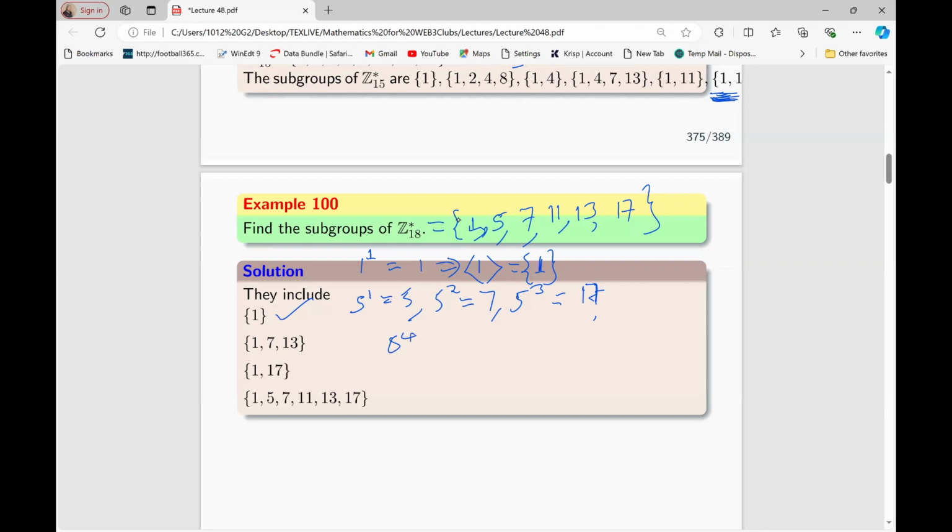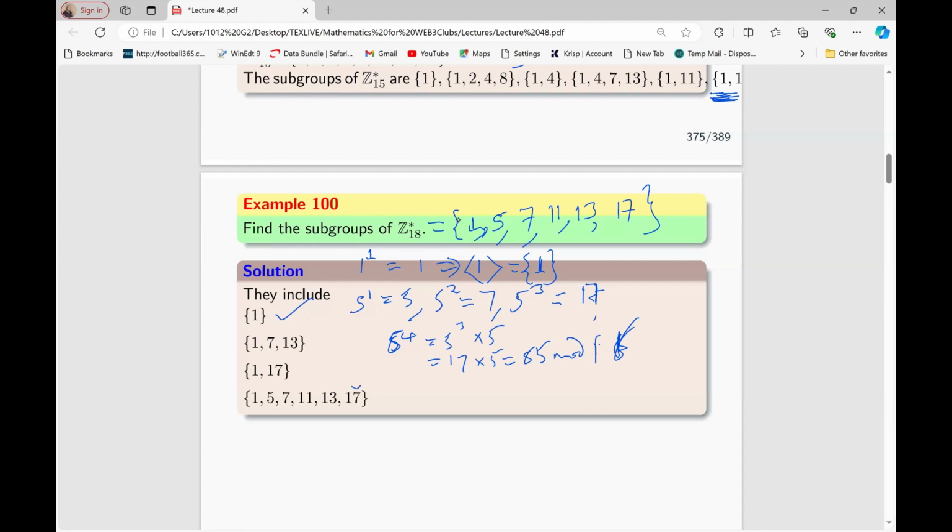5 four times is 5 three times times 5. But 5 three times is 17. Then times 5, this gives us 85. We are doing it mod 18. If 18 were going into 85, the remainder will be 13.